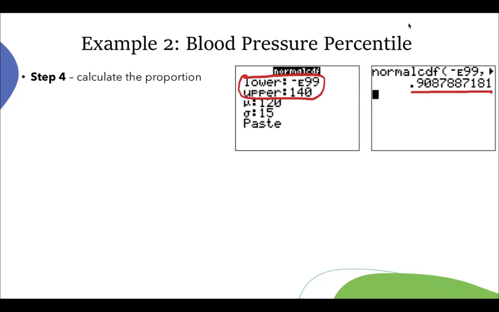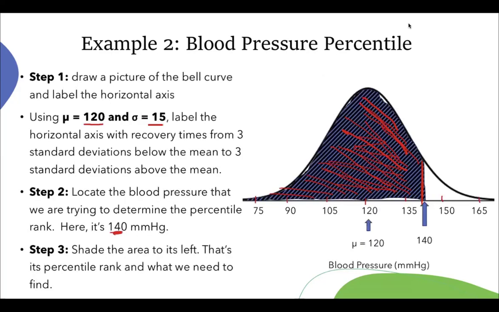Looking at my picture, I know the 50th percentile is the halfway point, and 140 is on the right side of that, so it's going to have a percentile rank higher than 50.